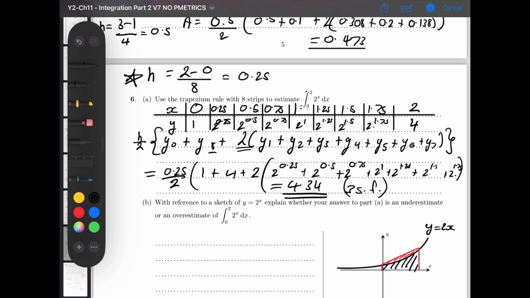So it's an overestimate since each trapezium has additional area above y equals 2 to the x, because it's a convex shape.